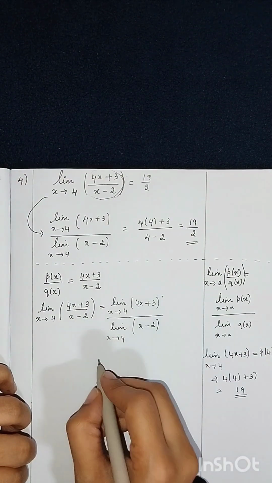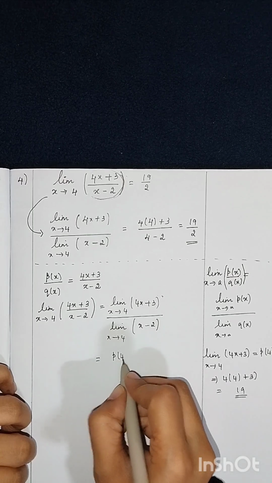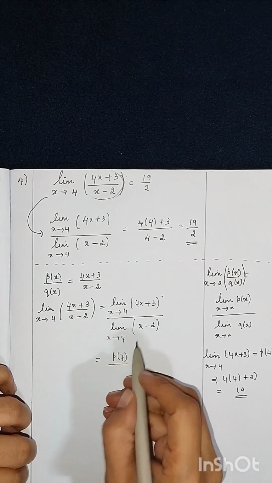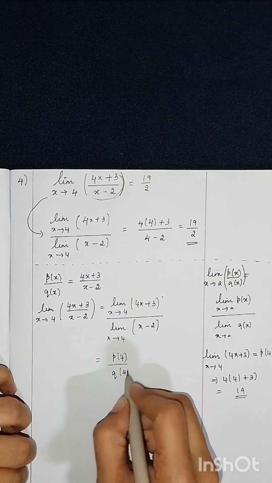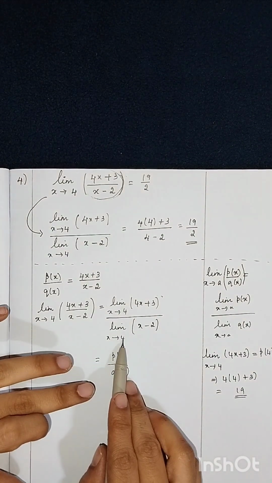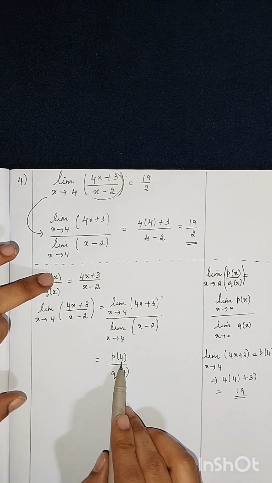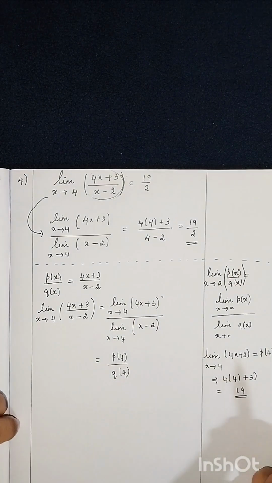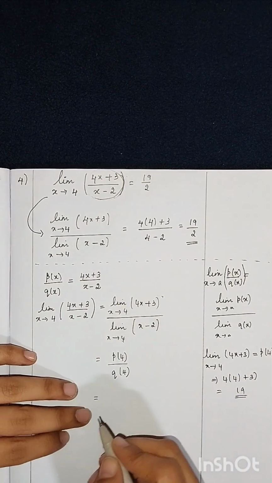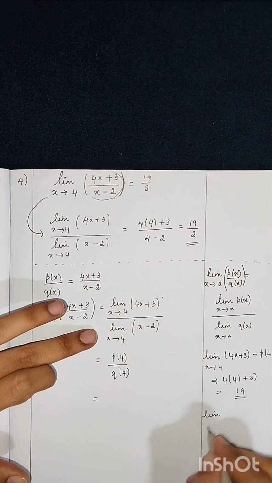So here we will write p of 4 divided by q of 4. Why have we written 4? Because you have taken p of x here, but in the place of x we will substitute 4, because this is a polynomial function.